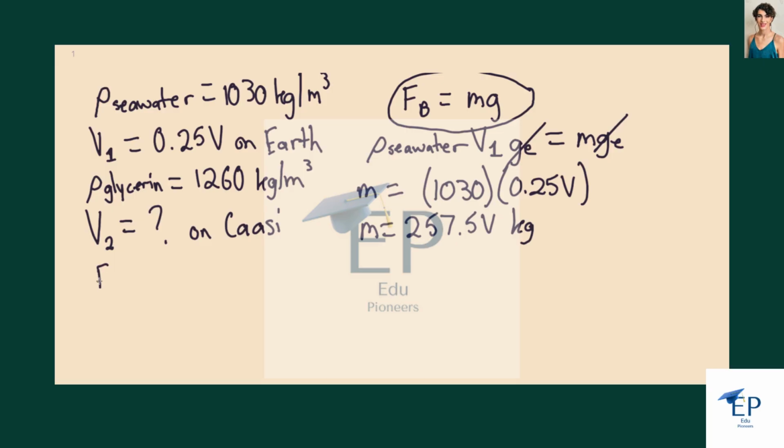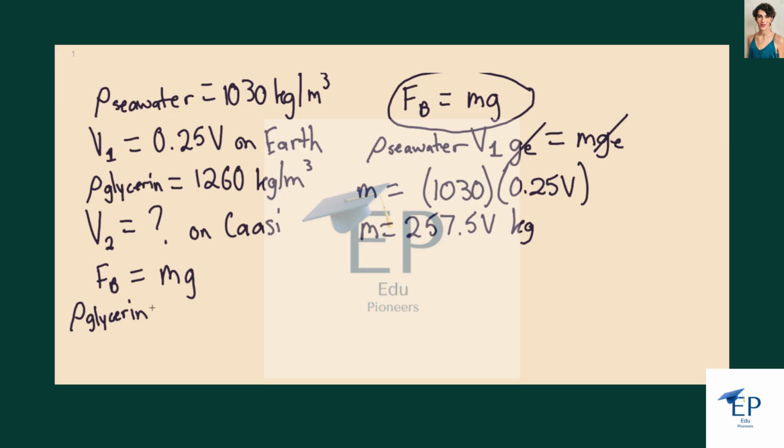Now, we need to apply this relationship to the other planet. So if we were to do this, the buoyant force again must be equal to the mass times the gravity. So the buoyant force, the force due to the liquid that is displaced, must equal the force of gravity. Now, here we're going to further define this as the density of glycerine, because now it is in a glycerine ocean instead of an ocean of simply salt water.